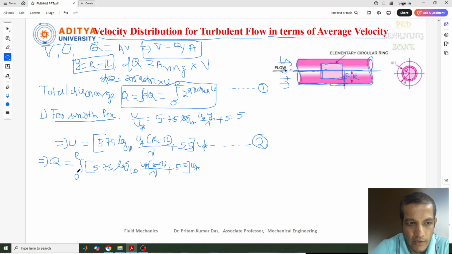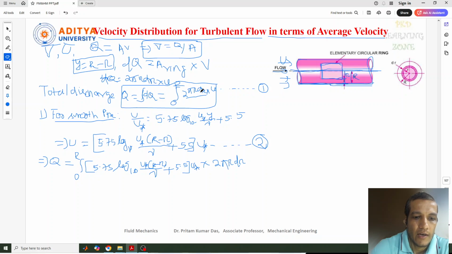So u star, this is all of u. Then again 2 pi r dr is there, so we multiply by 2 pi r dr. This is the discharge equation after putting the value of u in it.